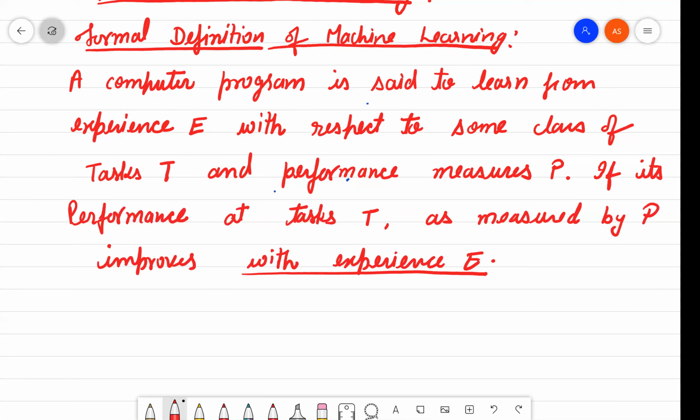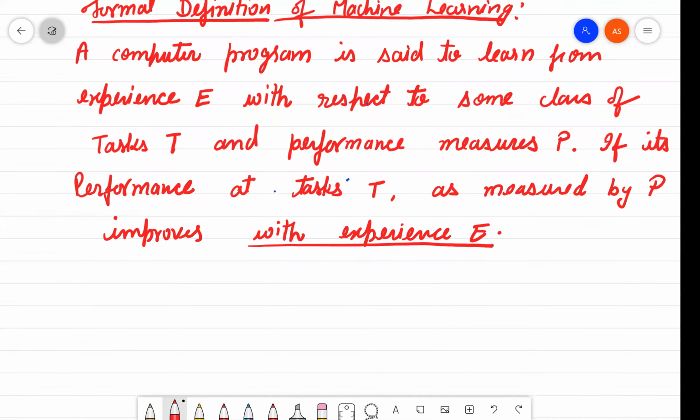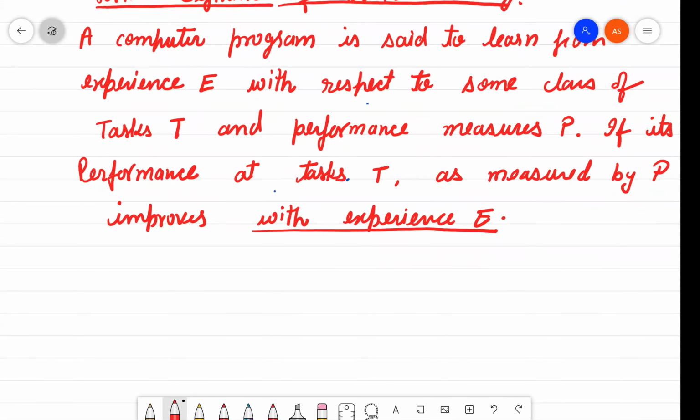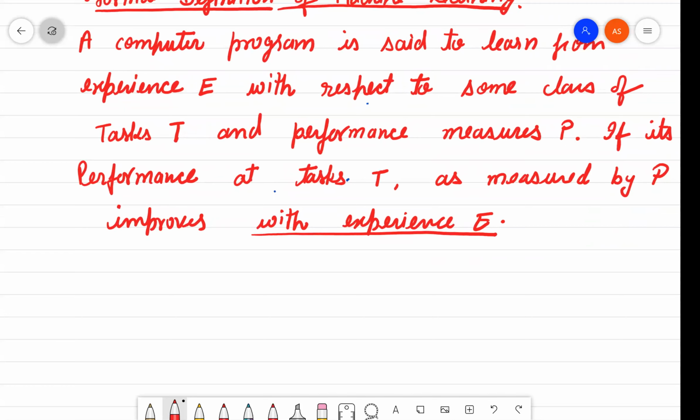Let's understand this definition with the help of an example. Suppose T is a task, and the task T could be the recognition of spam mails.